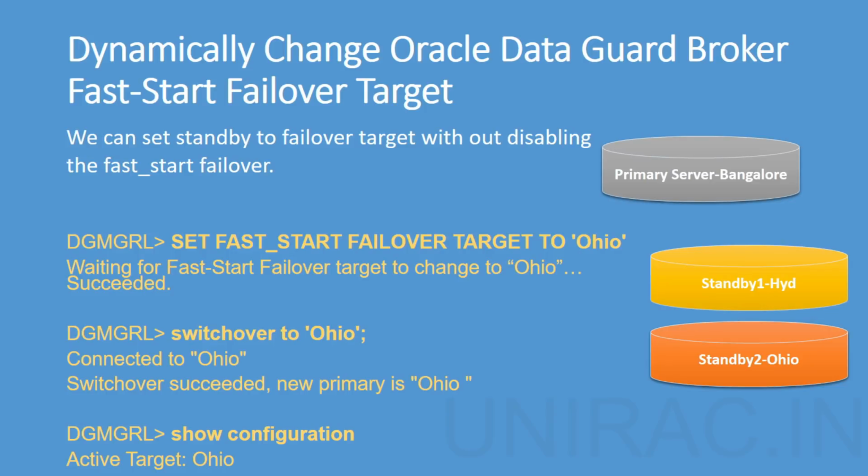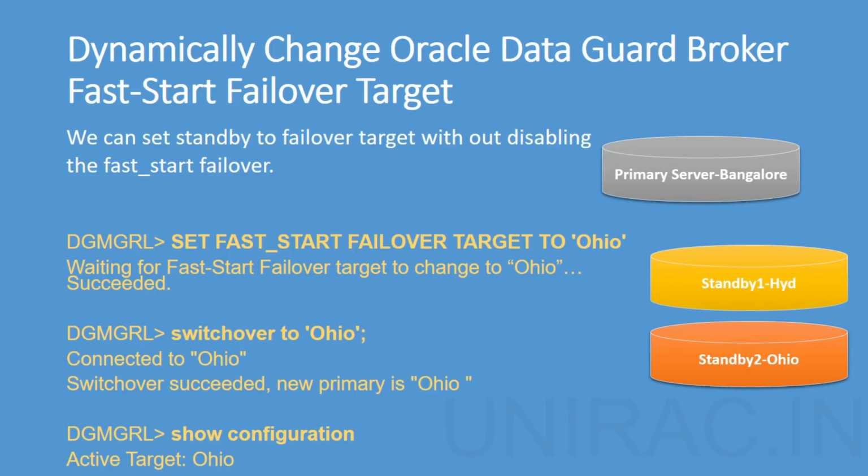In this feature, we dynamically change the Oracle Data Guard Broker fast start failover target. If you have two or more standby servers within the member list, prior to 19C we used to disable the fast start failover to fail over from primary to a standby within the member list.